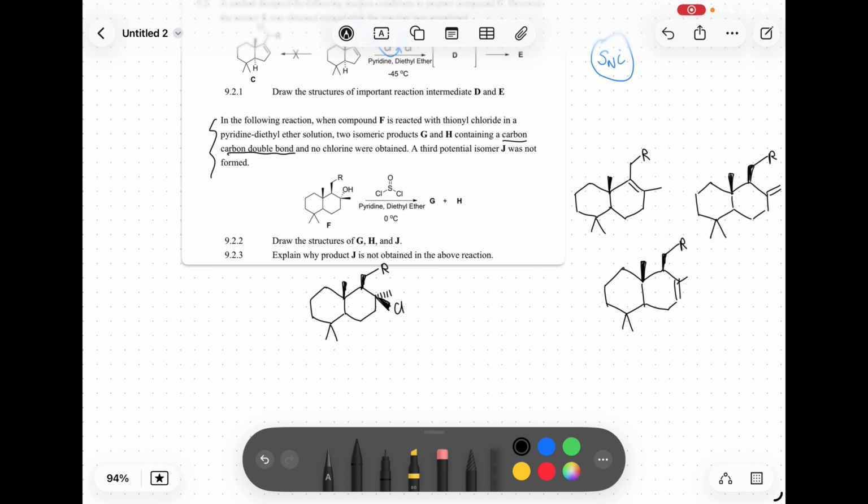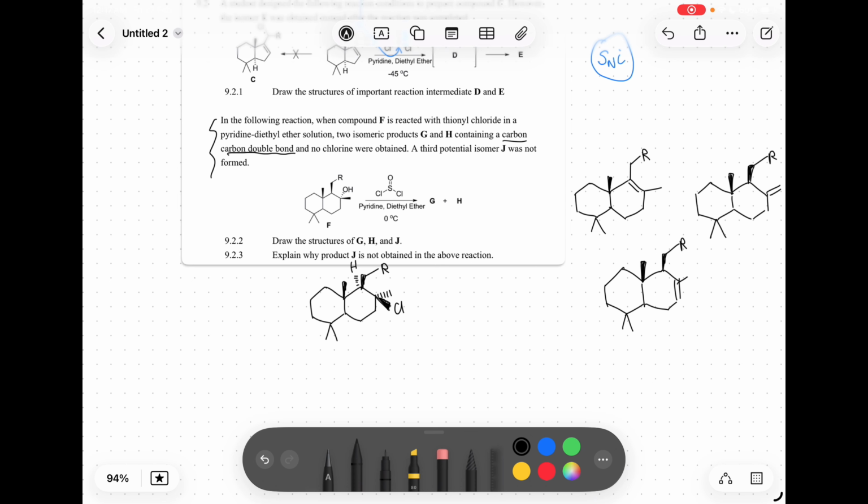And so if you want an E2 reaction to occur without having a carbocation in pyridine, which doesn't really seem too stable because it's kind of basic, you need to have anti-periplanar geometry for E2 to occur.